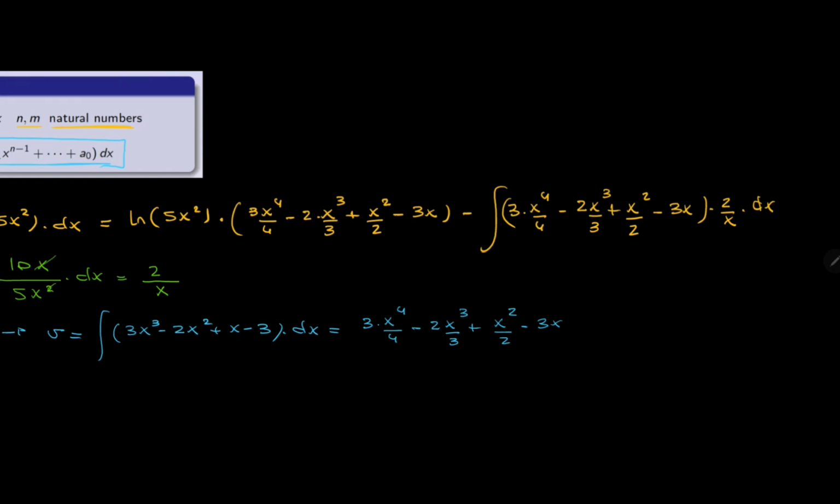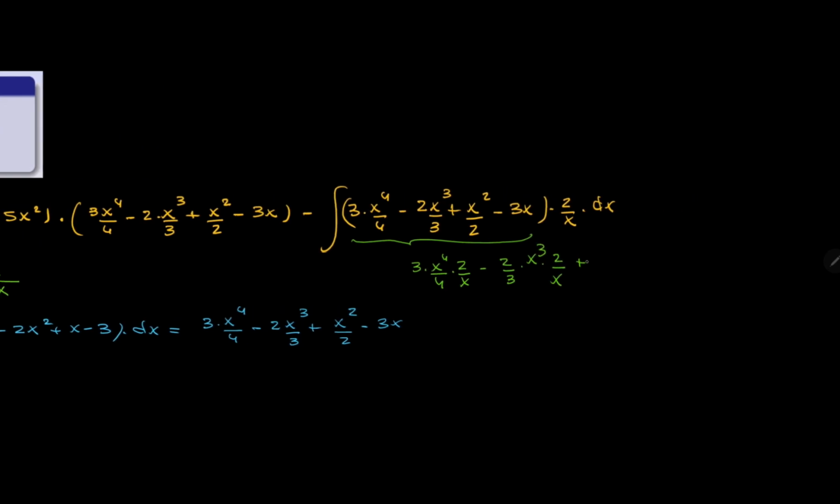So now, in order to solve this integral, we must multiply this 2 over x times each one of the addends in the polynomial expression. So we have to multiply 3 times x fourth power divided by 4 times 2 divided by x, minus 2 thirds times x cubed times 2 divided by x, plus x squared over 2 times 2 divided by x, minus 3x times 2 divided by x.